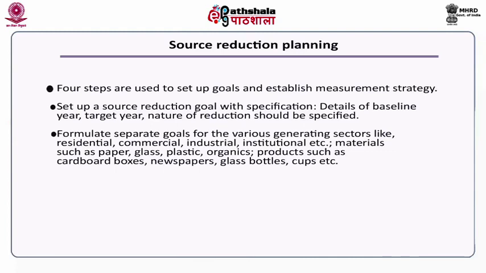One more thing which you have to keep in mind while formulating separate goals for various generating sectors is that you can also have a separate goal for each material, like for paper, glass, plastic. For each of them you can have a separate goal, and also the separate goal can be made based on the product, like cardboard boxes can have a separate goal, newspapers can have a separate goal, and so on and so forth.